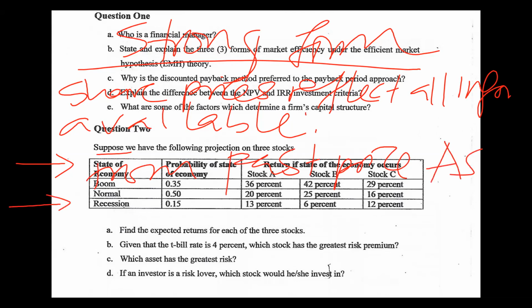Number two, from public knowledge and anticipation, or information available from public knowledge. So all that information which is available to the public is reflected in the share prices.